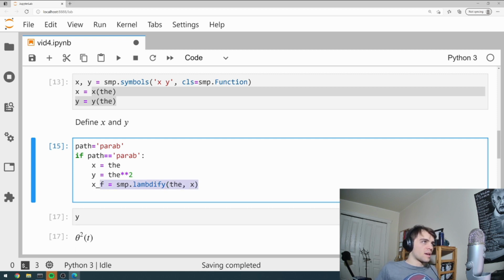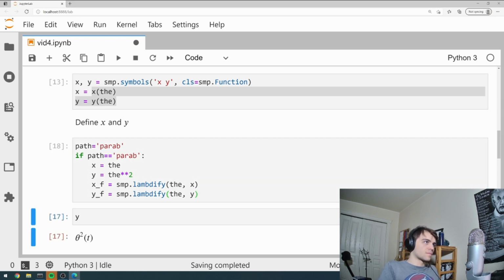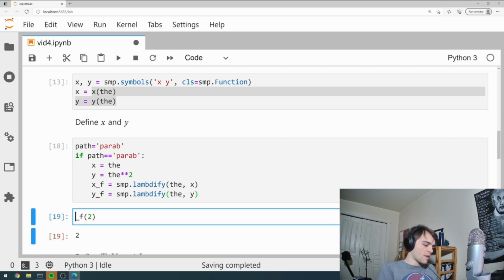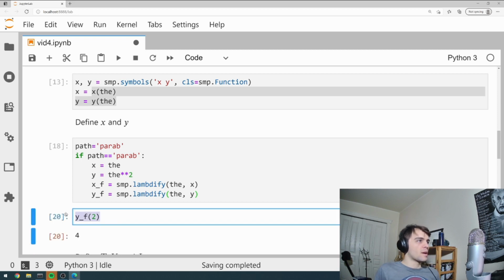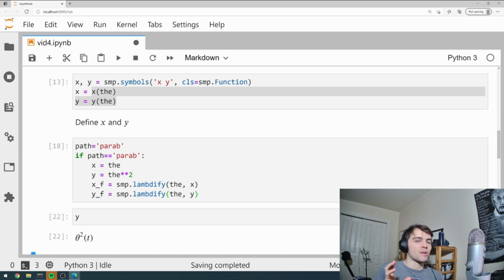And I'm going to do the same for yf. And you'll note that if I plug in xf and I give a value of theta is equal to 2, I get 2. And yf should return 4 because it's quadratic. So now I not only have x and y, which are the symbolic symbols, I also have xf and yf, which are numerical functions. We're building up a repertoire here of things that we're going to use later.